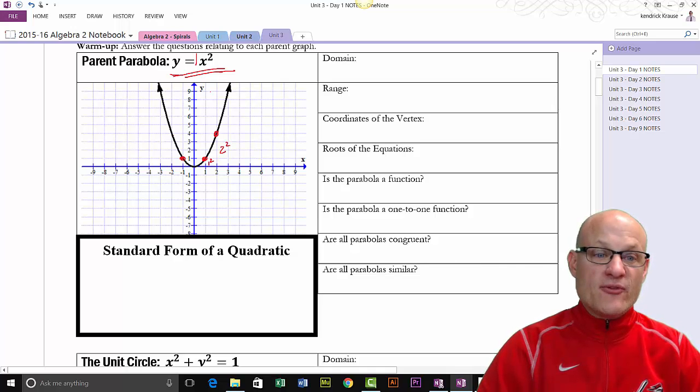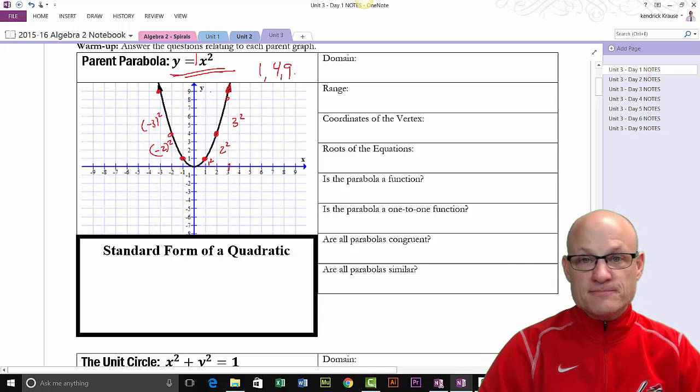Over 2 and up 4, that's negative 2 squared. Then over 3 and up 9, that's 3 squared, or over here, negative 3 squared. You're going to hear me say over and over again, 1, 4, 9.